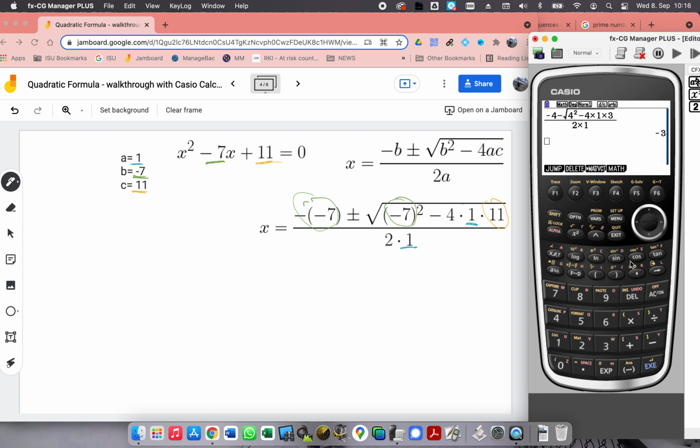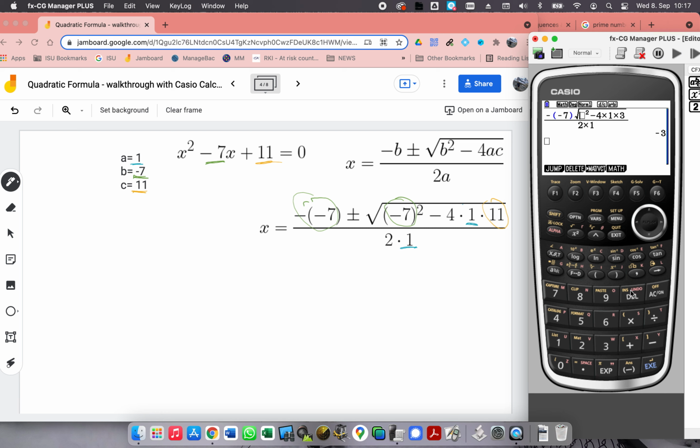So instead of -4, I'm going to write minus, and then in brackets minus 7. Now that actually itself is just 7 on its own. That makes it a little bit easier.